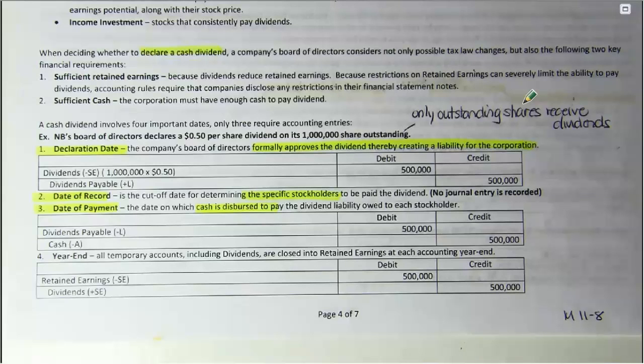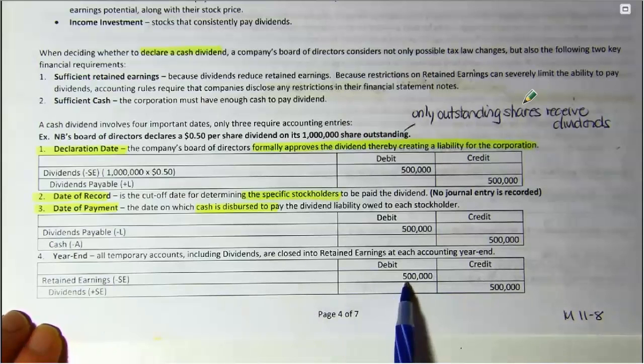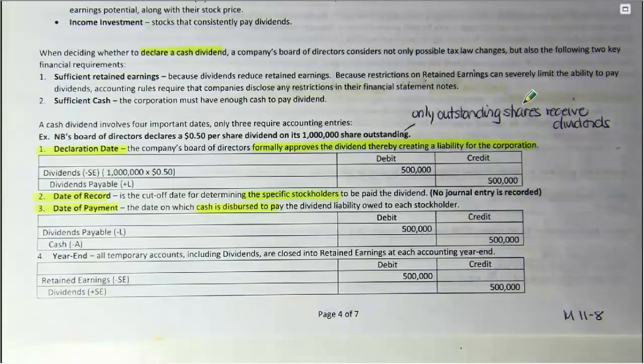Dividends have a normal debit balance, so to close them out, we credit that dividends account and we debit retained earnings. Because the retained earnings account keeps in it the accumulated net income less any net income that was given away, less the dividends. So dividends always reduce retained earnings.